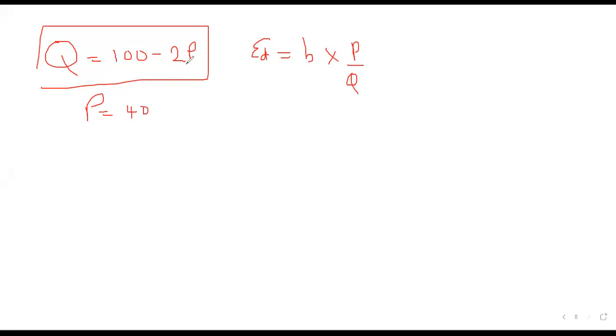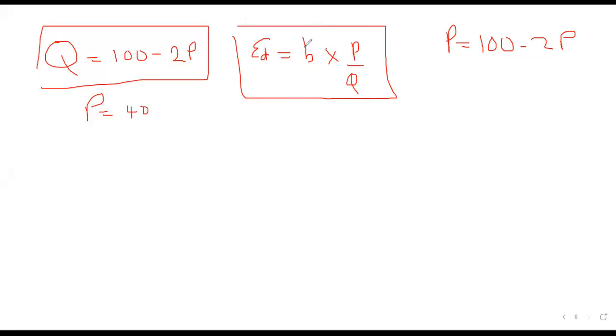This is the elasticity of demand, yes, but this is the direct demand function. Remember, we were using the inverse demand function. Now, if we're given in terms of P of Q, it changes. It's not inverse, it's direct here. We're not doing 1 over.